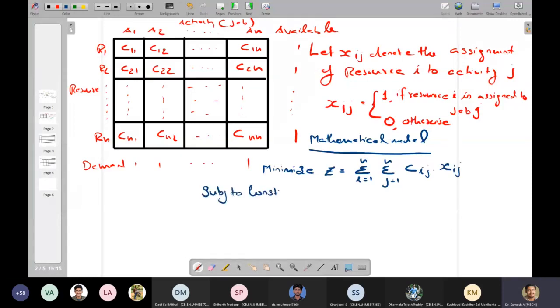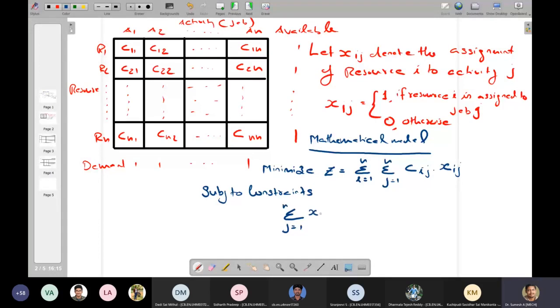Summation of j equals 1 to n Xij equals 1 for all I. So that is the resource constraint.